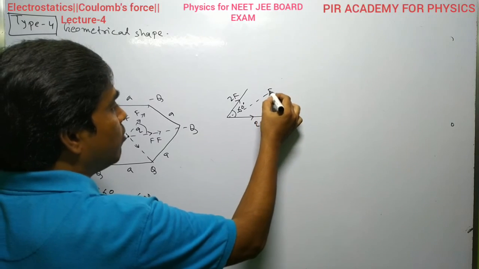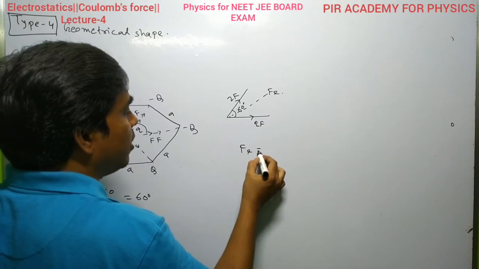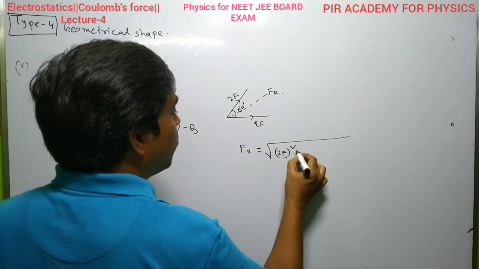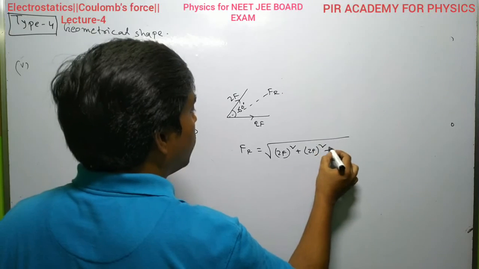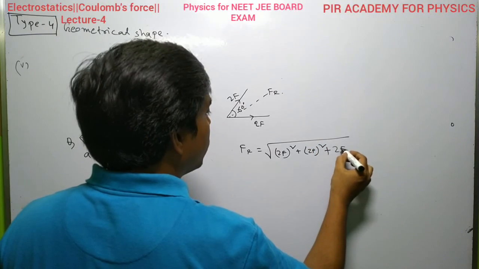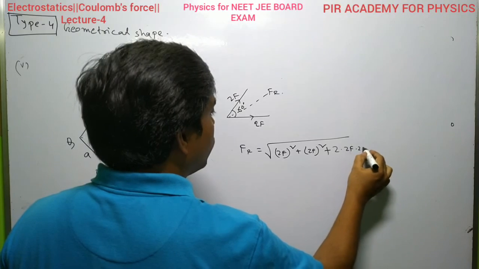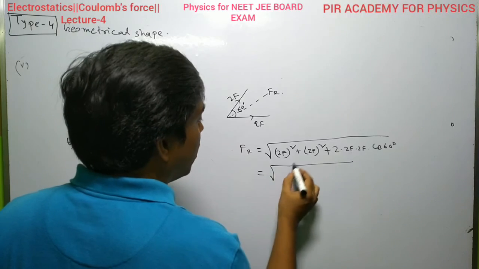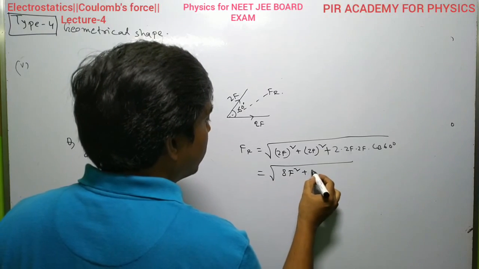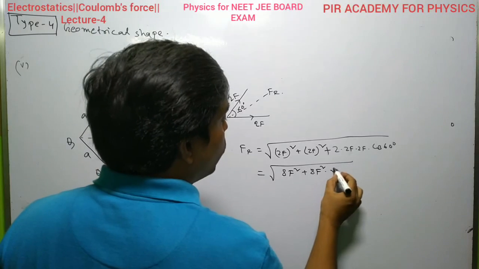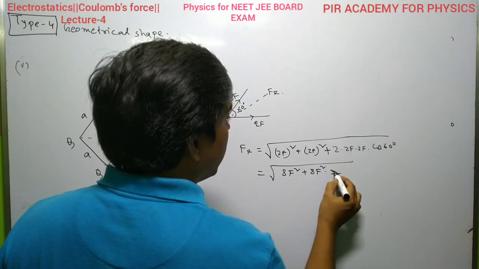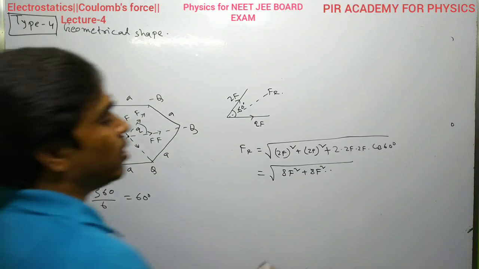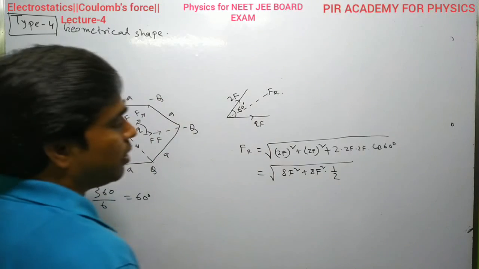So the resultant will be root over 2F square plus 2F square plus 2 into 2F into 2F into cos 60 degrees. Cos 60 degrees is half.